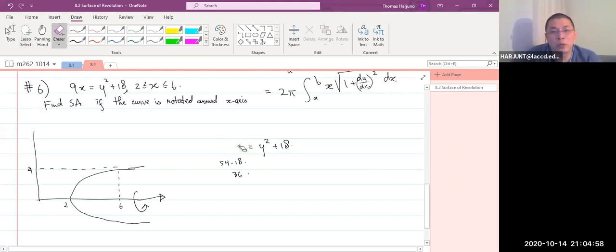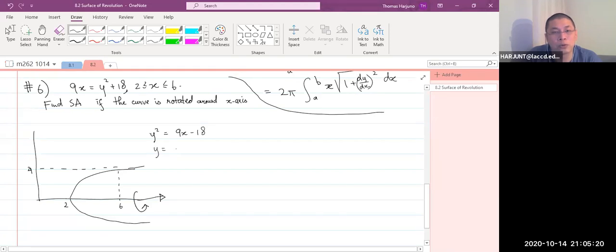Now notice that we actually have 2 ways to integrate this. The first one, if I see y as a function of x, so y squared equals 9x minus 18. So y equals the square root of 9x minus 18.